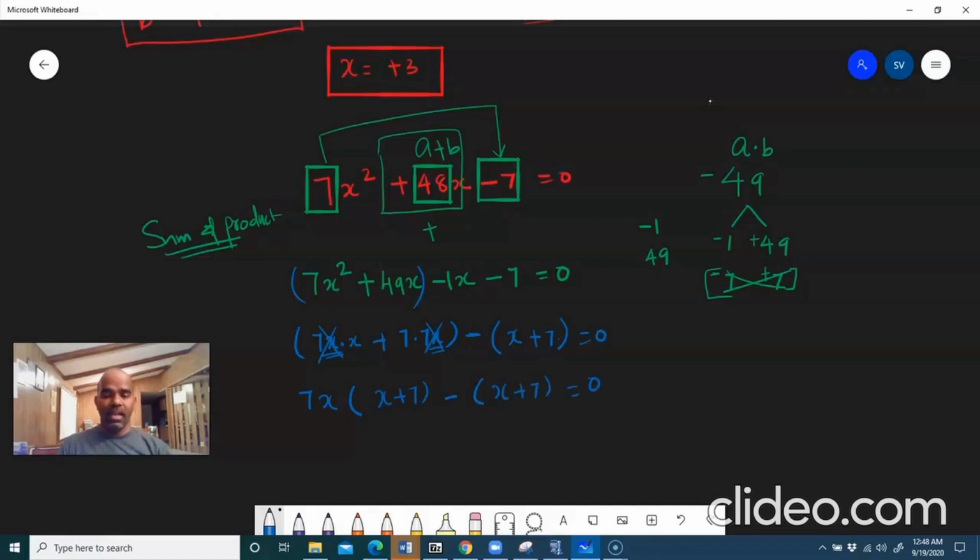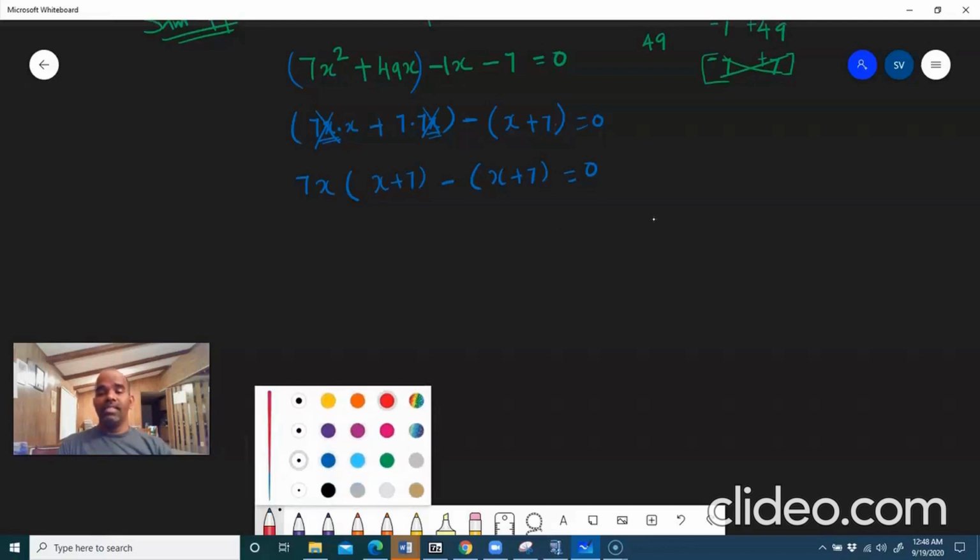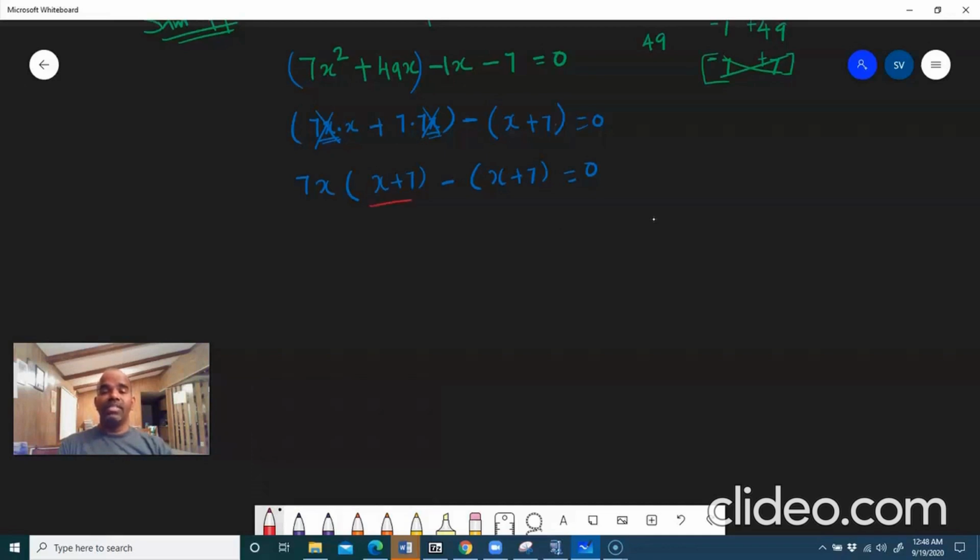Guys, we are in the last stage of the problem. How can we solve it? That's the question. So this will be 7x times x plus 7 minus x plus 7 is equal to 0. And now you have to take the common term outside. In both of these statements, you can see that x plus 7 is common. Take it out.